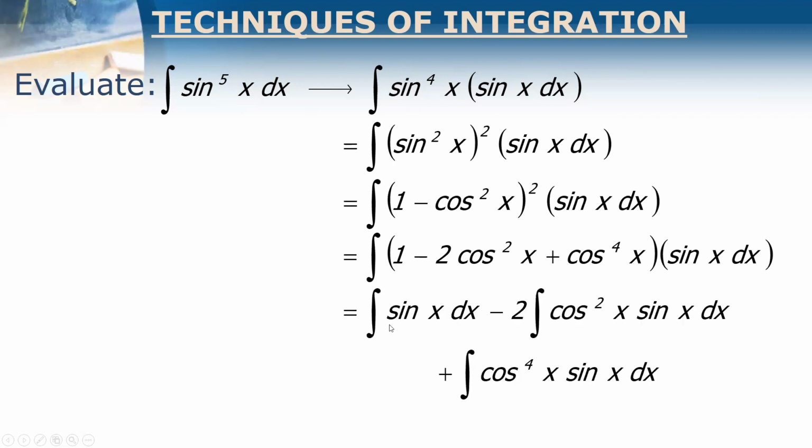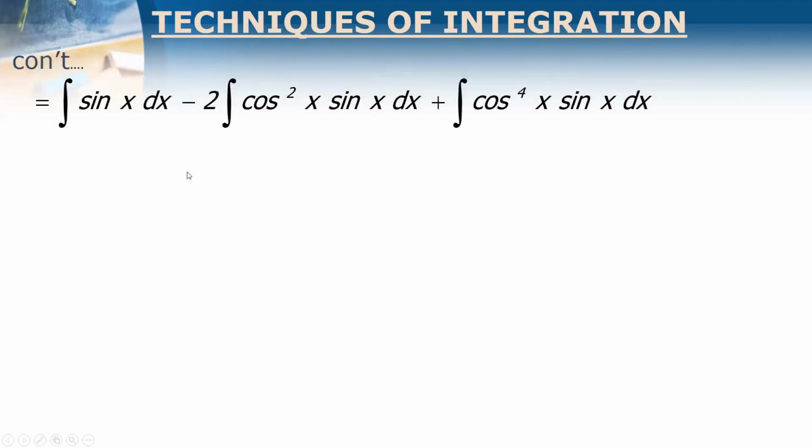So the first term is a basic form. For the second and third terms, u is cosine x and du. Of course, the derivative of cosine is negative sine x dx. So you're going to substitute this in the second term and third term. Okay, so these are the terms, and then u and du.